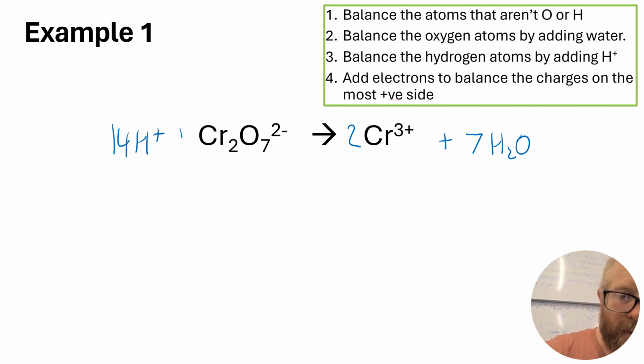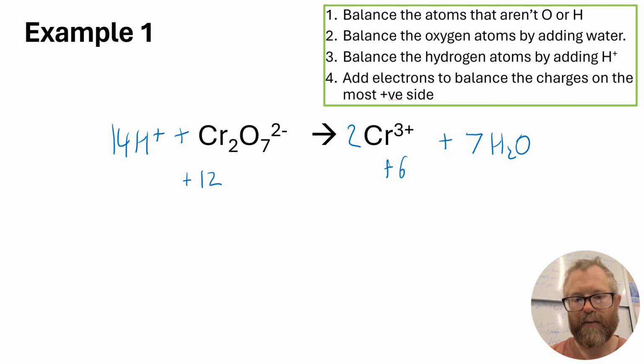So now all the atoms are accounted for, but now we have to think about charges. I'll start with the right hand side. On the right hand side we've got 2 lots of 3+, so this is a +6 in total on that side. On the left hand side we've got a 2 minus, but we've also got 14 pluses, so this currently has a charge of 12 plus.